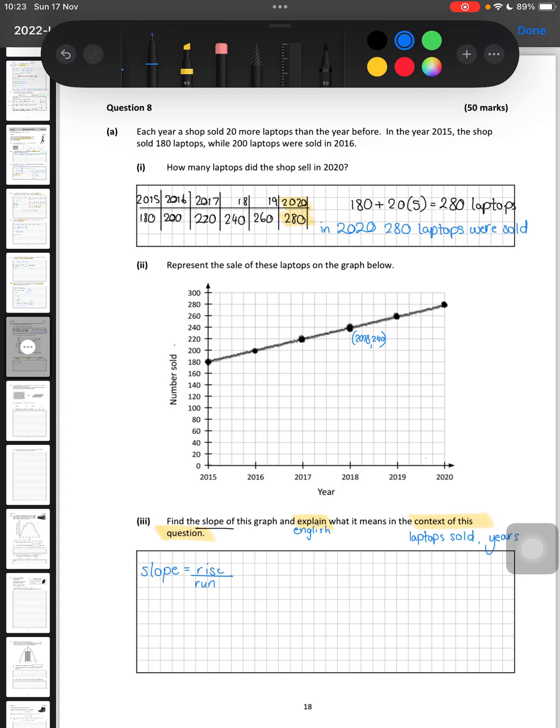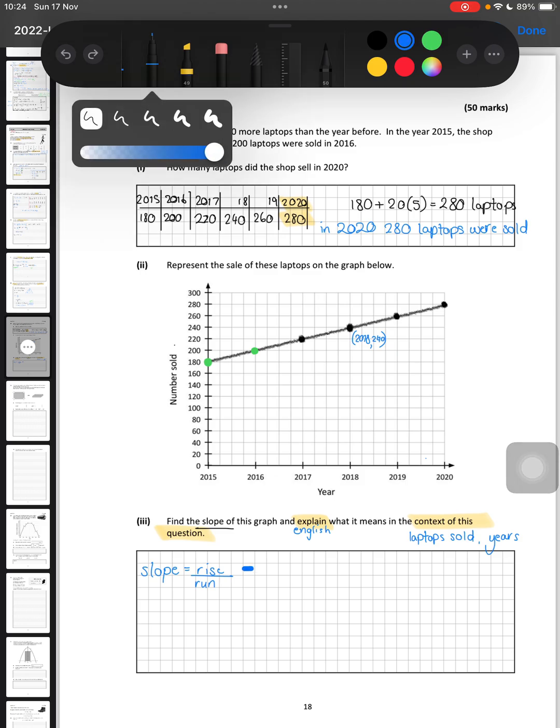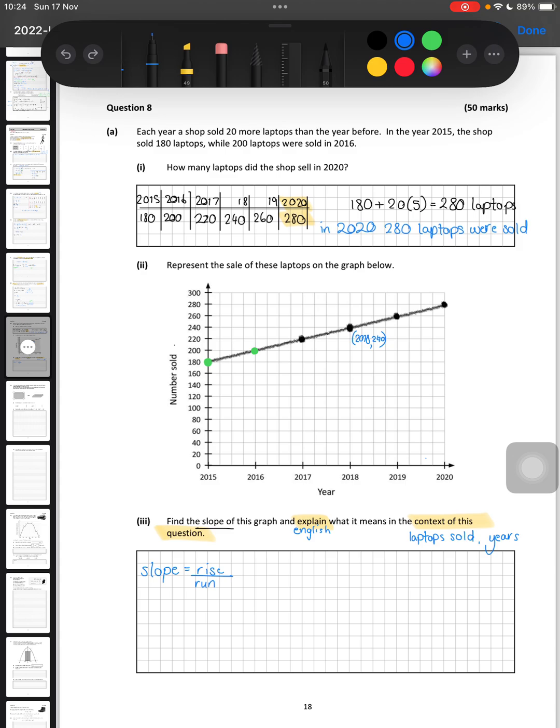y2 minus y1 over x2 minus x1, or just remember that the slope is the rise over the run. So let's say I take this point here and this point here. For this one, how much does it rise between the 2 points? From there up to this box here, it's gone up by 20.